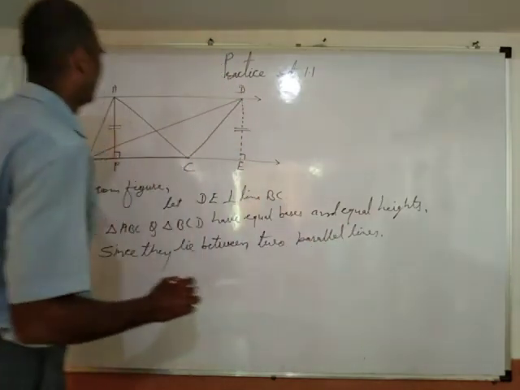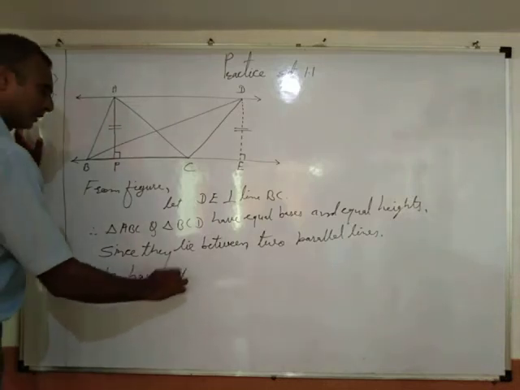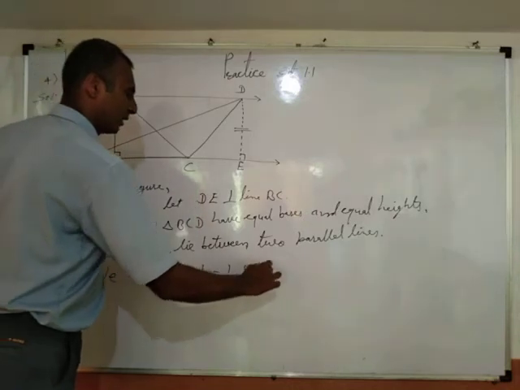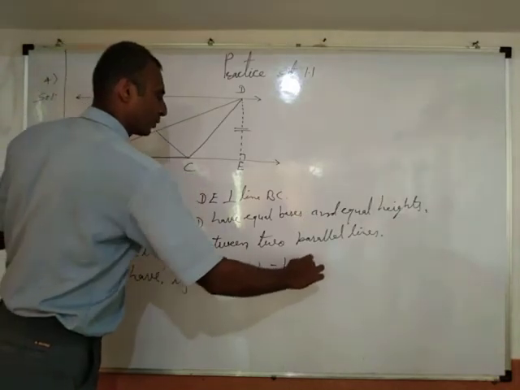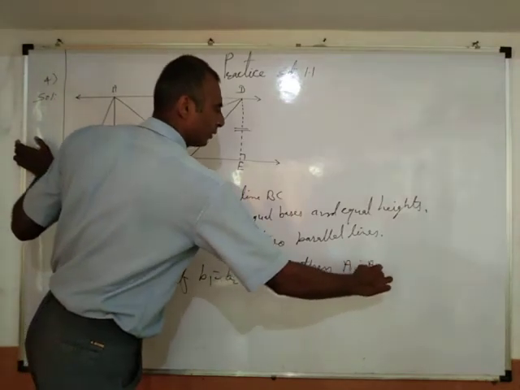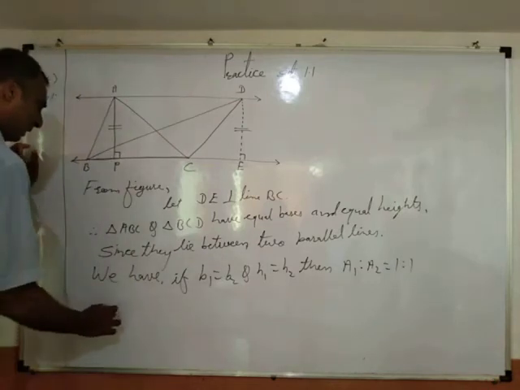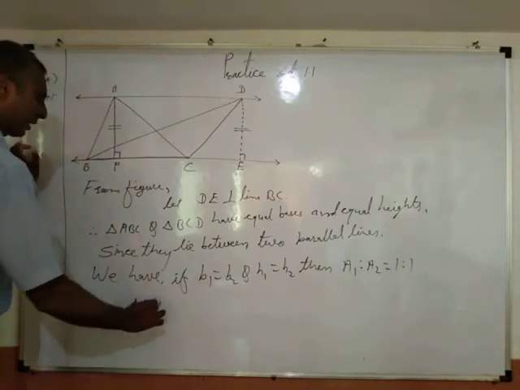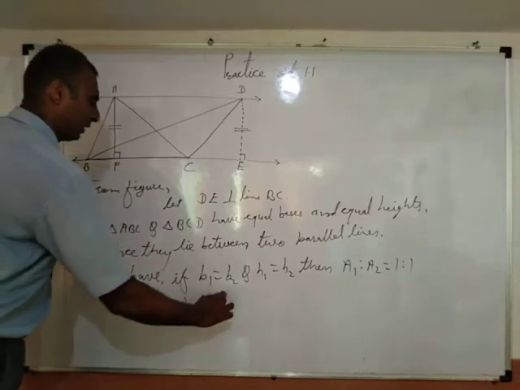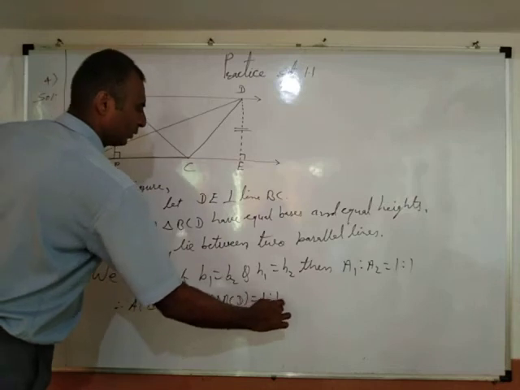We have, if B1 equals B2 and H1 equals H2, then A1 is to A2 equals 1:1. And therefore, area of triangle ABC is to area of triangle BCD equals 1:1.